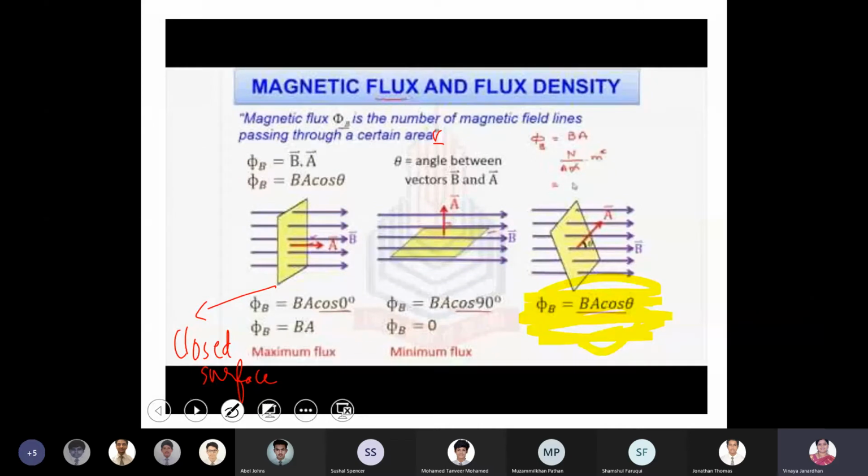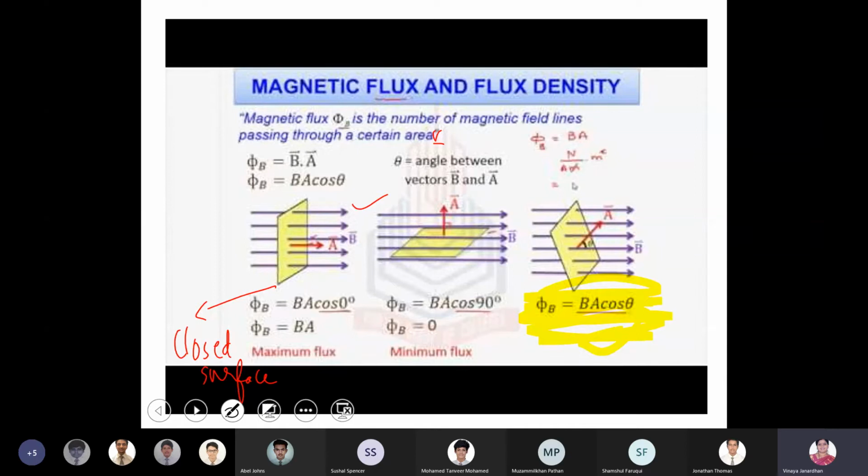Boys, diagrams are important. You write under each diagram, all the three diagrams, all the steps are equally important. So in the first case, what is the angle between A vector and B vector? 0 degrees. So cos 0 is 1, and your flux will be maximum.